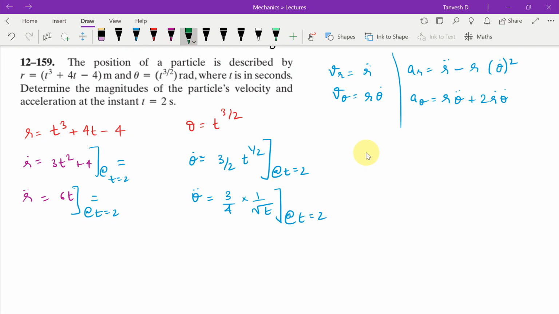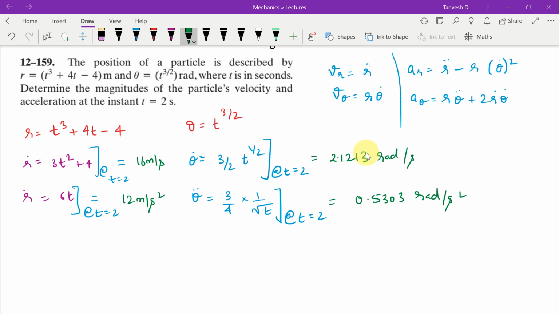So r dot will be 16 meters per second, r double dot will be 12 meters per second square. Okay, theta dot will be 2.1213 radians per second, and theta double dot will be 0.5303 radians per second square, right?